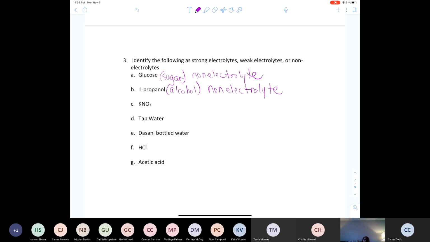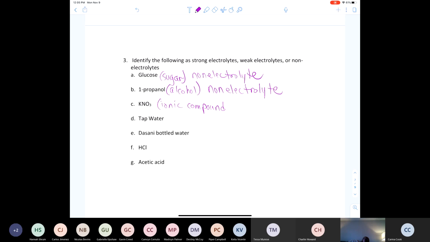The next one is an ionic compound, KNO3. But just because it's an ionic compound, it doesn't necessarily mean that it's a strong electrolyte. It's only a strong electrolyte if it's soluble in water.